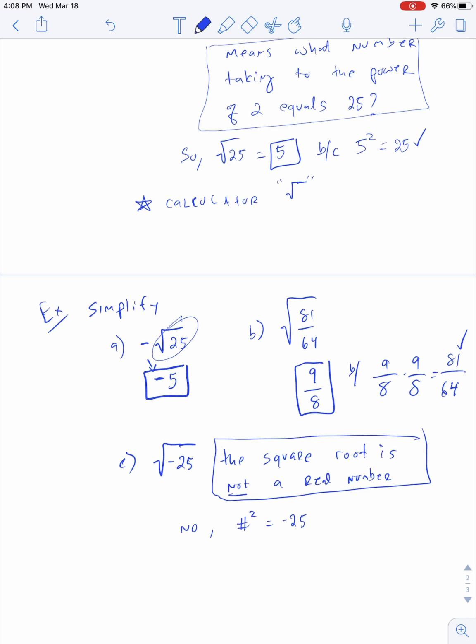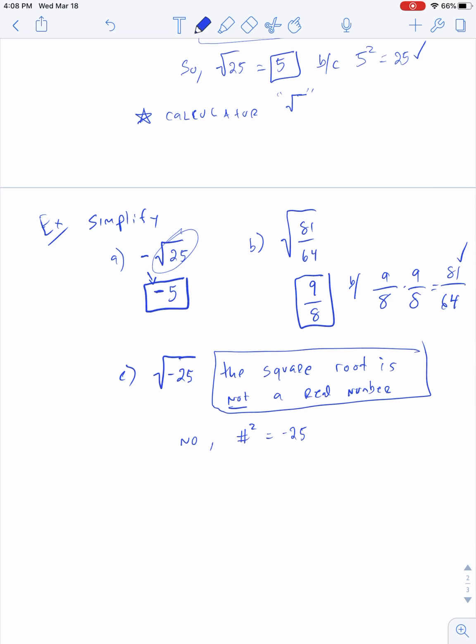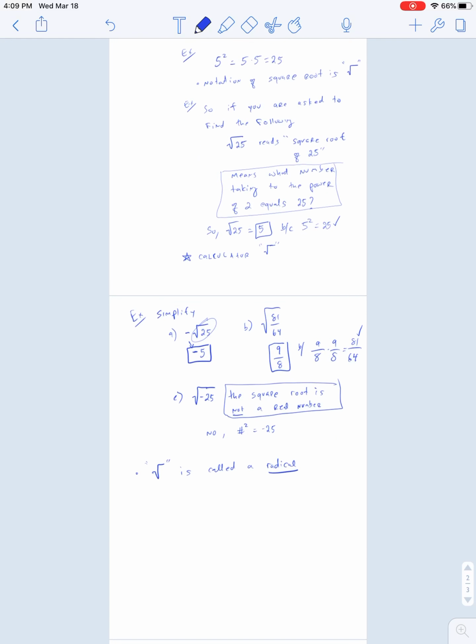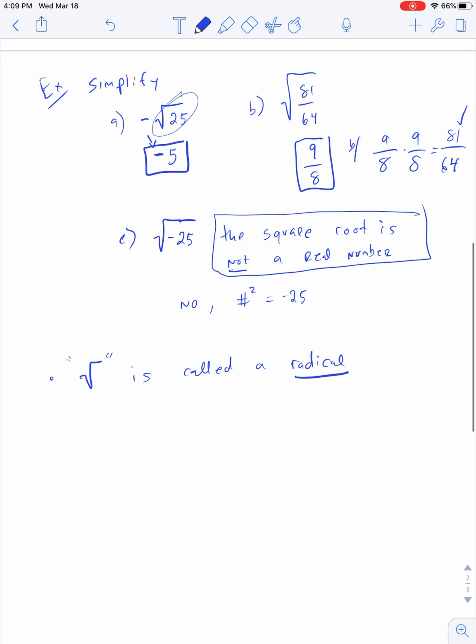Okay, so continuing on with this square root symbol, we can really generalize this symbol and say that this symbol is called a radical, which is what this section is all about. So the square root symbol, we call it a radical.